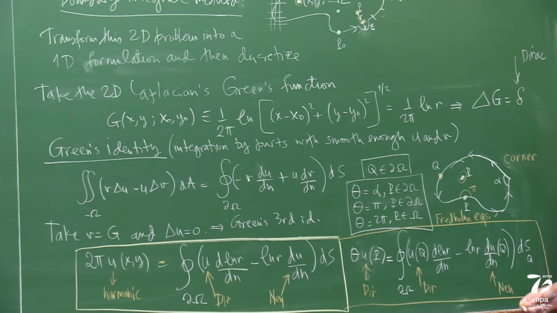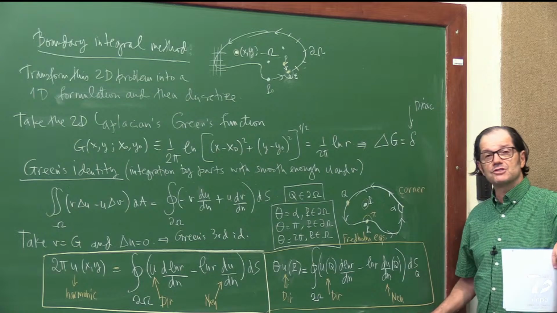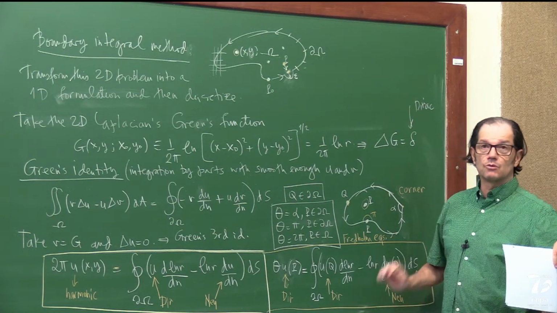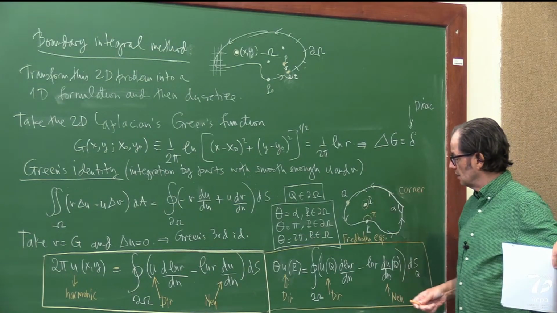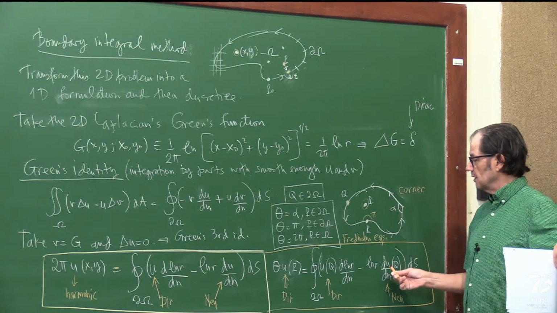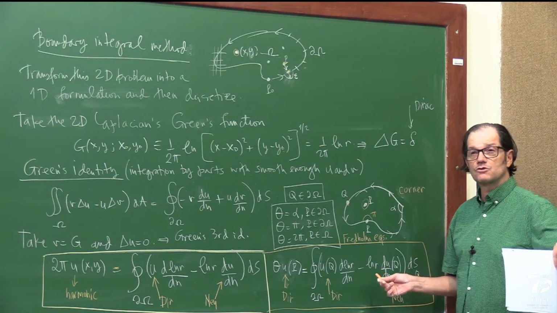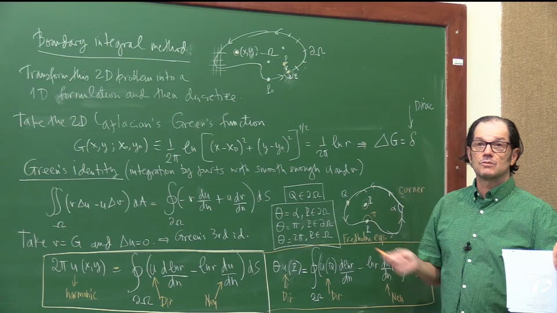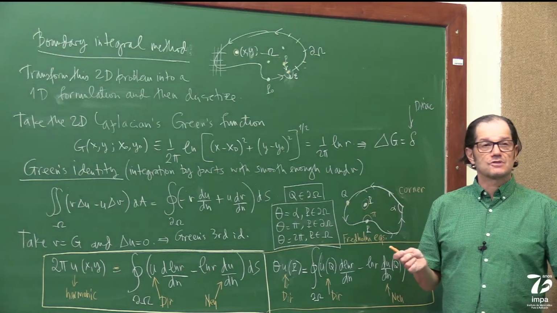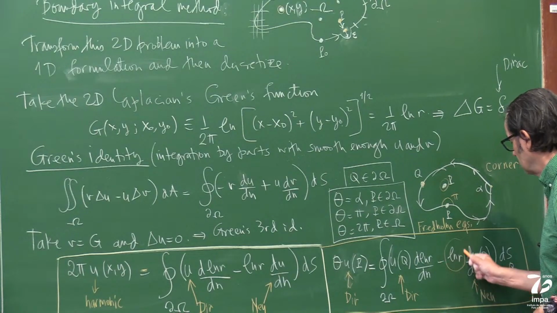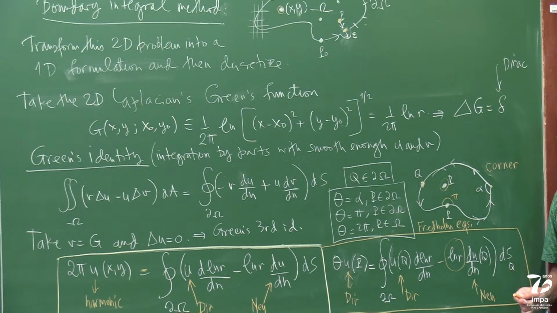Another thing too, that I mentioned in the PDEs course, and here it will also just be a comment, is that from the terminology of electrostatics, so those of you who in some undergraduate course in physics have studied electrostatics, this part here is called a single layer potential, right?